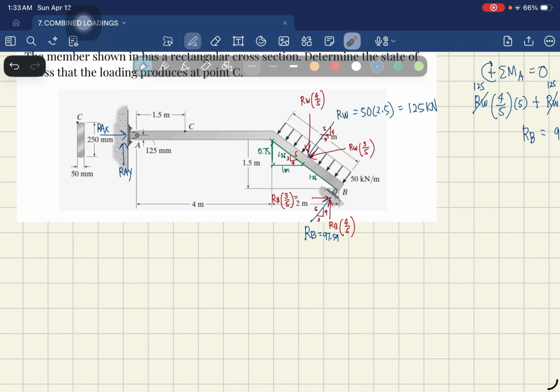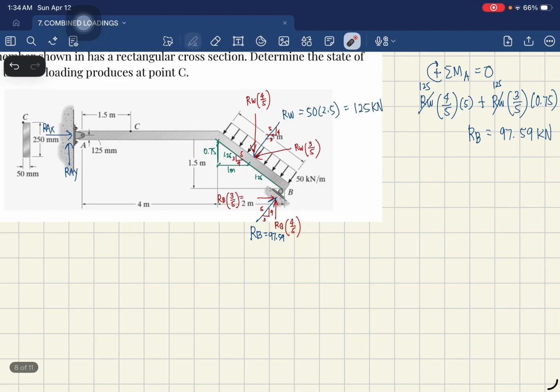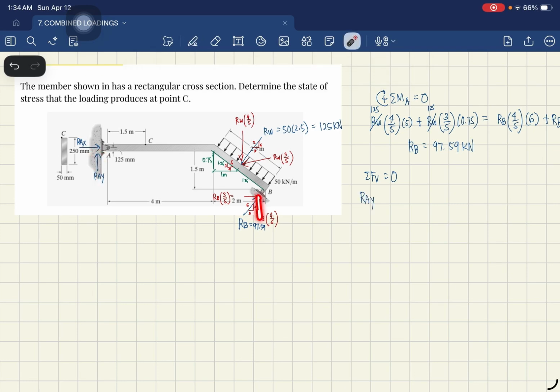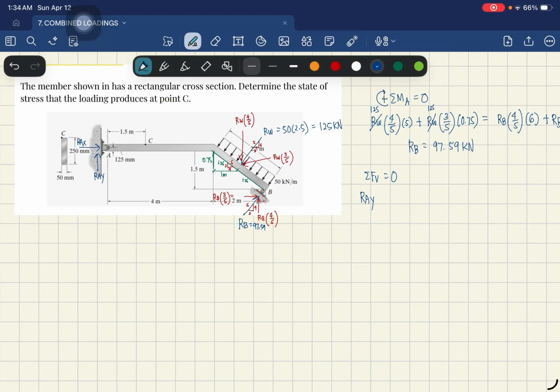97.59. Then para makuha naman natin yung horizontal and vertical reaction at point A, mag-summation forces horizontal lang tayo and vertical forces. So sa vertical, meron tayong unknown RA sub Y. Then pareho yung direction ng RA sa component ng RB. So plus din yan. So yung RB times 4/5.